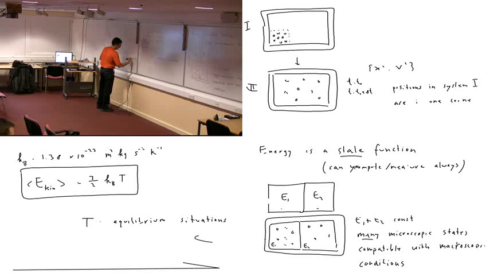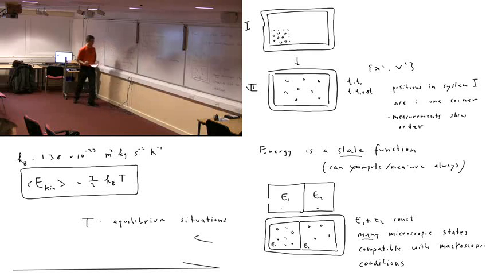And so if you do a number of measurements, these measurements show a certain order, or structure if you wish. But order is the more appropriate word in this context.